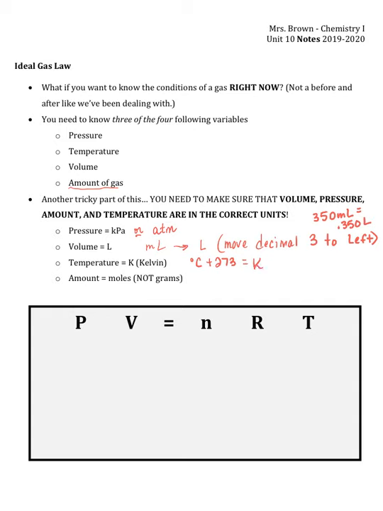And now again, back to our new one, amount. The unit for amount has to be in moles. However, a lot of times you won't find it in moles. You'll find it in grams. So how do we get between moles and grams? This should be popping into your head. You have to use molar mass.